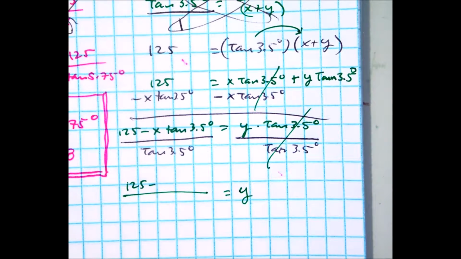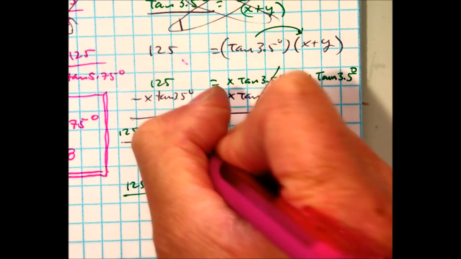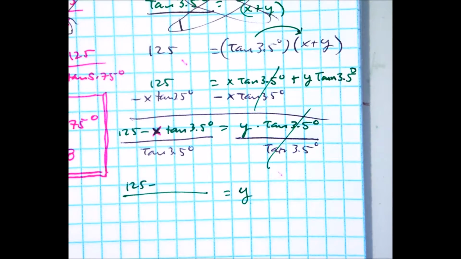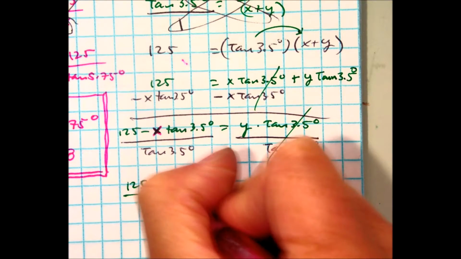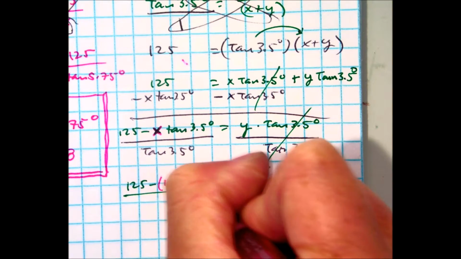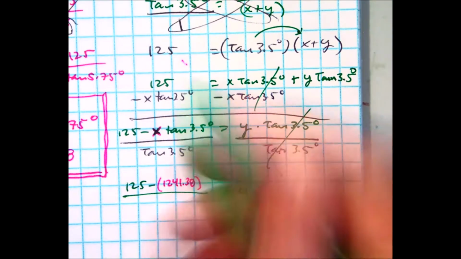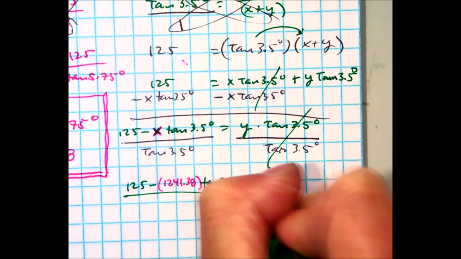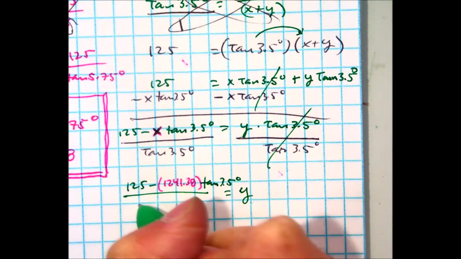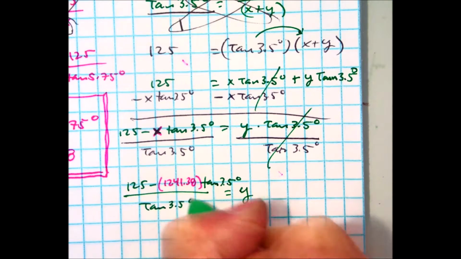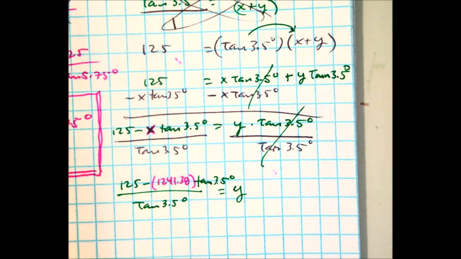Now this x, what is x equal to? 1,241.38 times tangent of 3.5. Divide your answer by tangent of 3.5 degrees. Let's go ahead and do that.